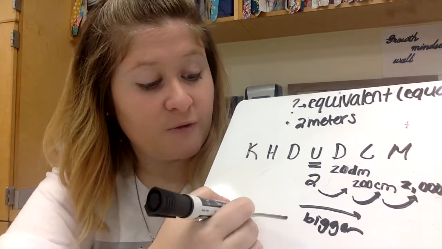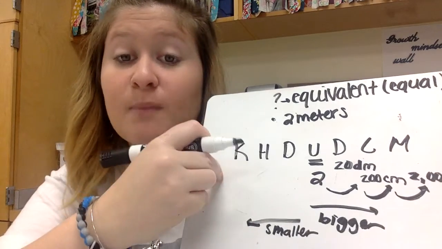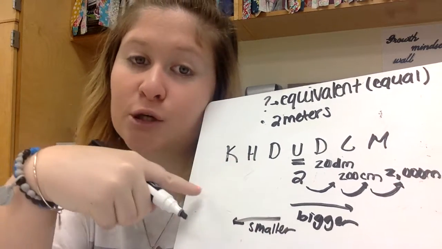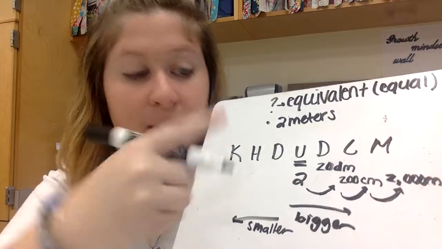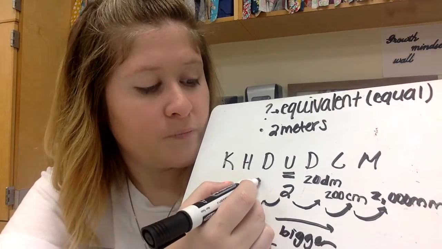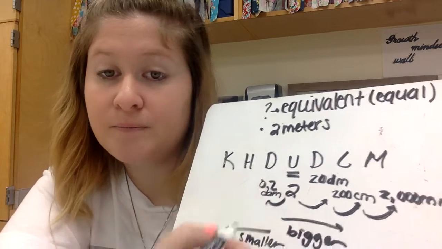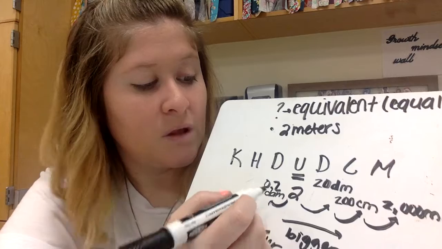And if I wanted to move this way, then I know my answer should be getting smaller because now we're using bigger containers, so they're going to take more to fill up. So if I move this way, it's going to get 10 times smaller. So that's going to be 2/10 of a decameter. Okay.